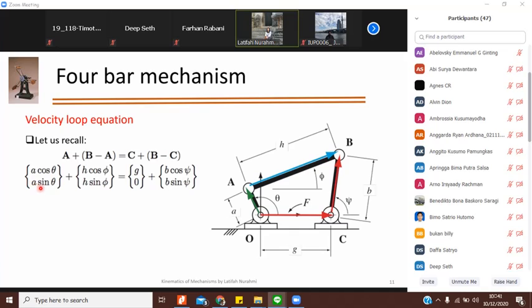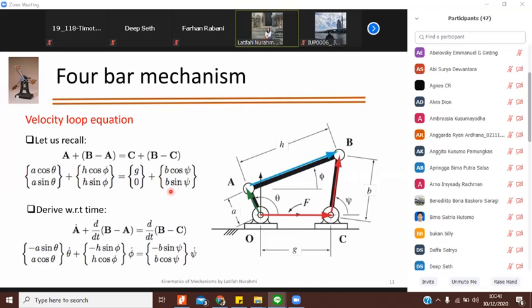I hope you already understand this, okay? And then vector AB is this, vector CB. Then you derive this equation with respect to time. Then you get this theta dot and phi dot and psi dot.